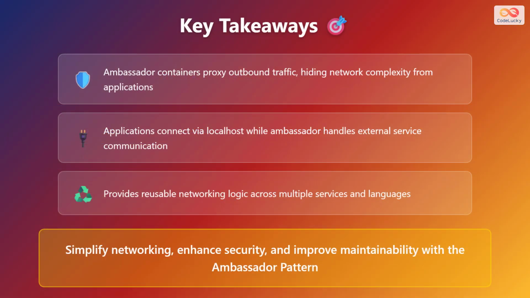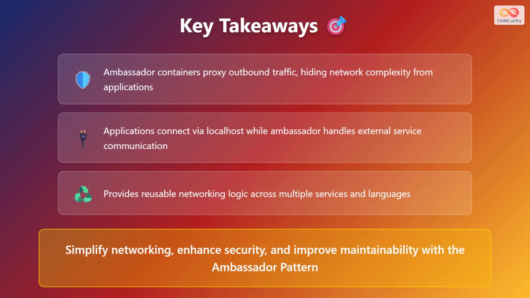Let's summarize the key takeaways. Ambassador containers proxy outbound traffic, effectively hiding network complexity from your applications. This allows developers to focus on business logic rather than networking infrastructure. Applications connect via localhost while the ambassador handles all external service communication, creating a clean abstraction layer.